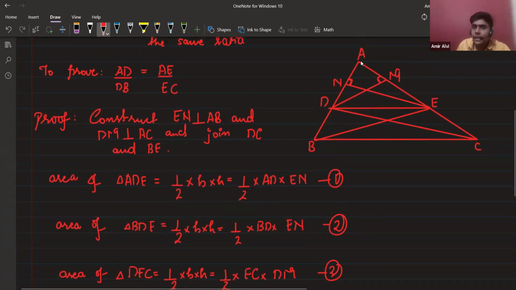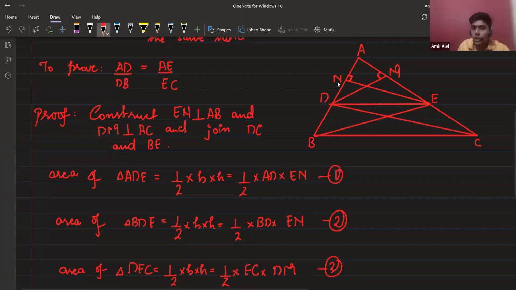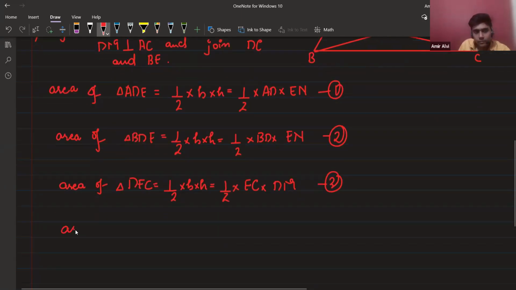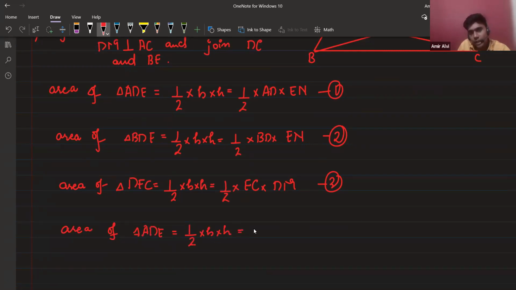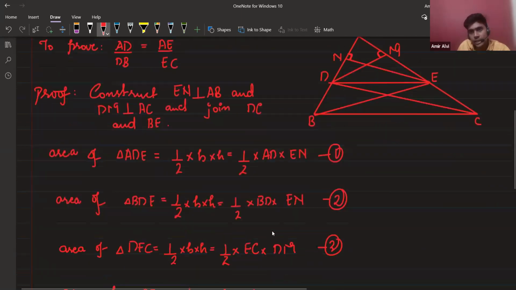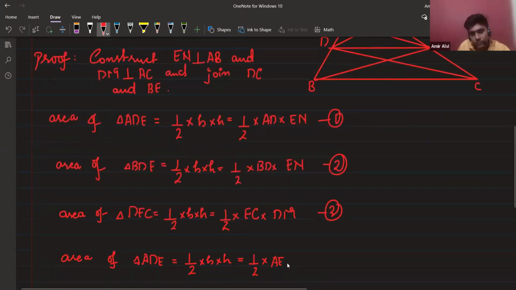Okay, one more thing, Adil. Triangle ADE also has the perpendicular DM. The upper triangle has two perpendiculars, one is EN, one is DM. We have calculated the EN one, but we have not calculated the DM one. So we can also calculate the area of triangle ADE again as half base into height, as half into AE into DM.